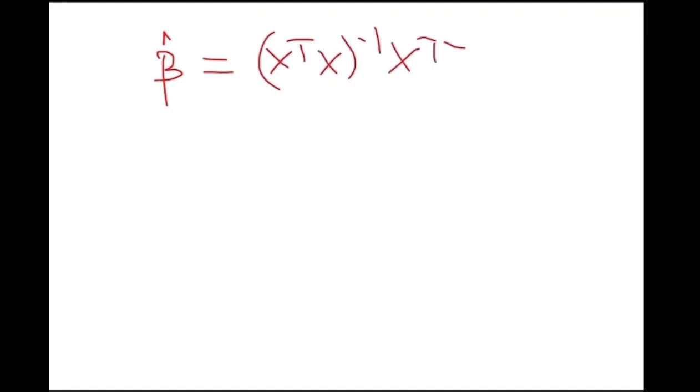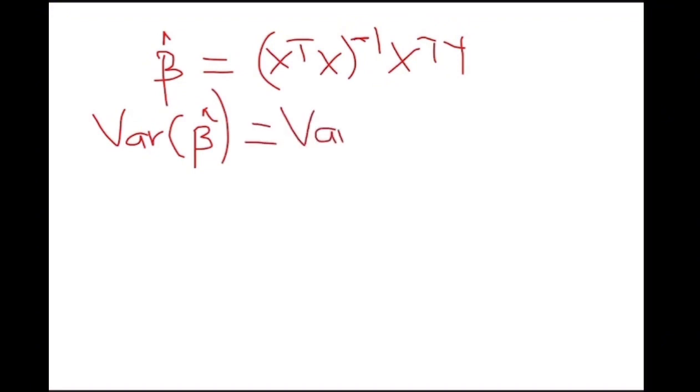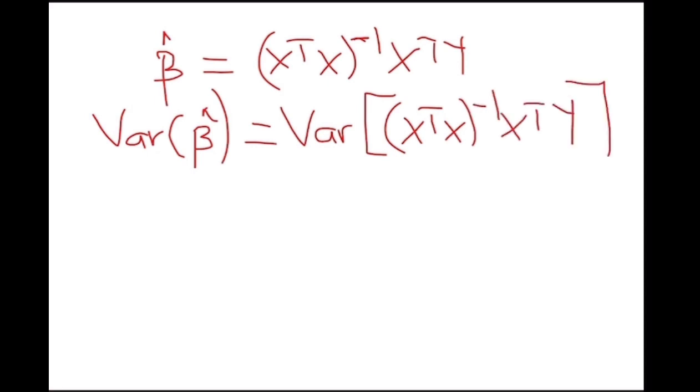Okay, so we know that beta cap equals (X transpose X) inverse X transpose Y. I want to figure out the variance of beta cap, which is going to be the variance of (X transpose X) inverse X transpose Y. Now, anything other than Y is going to be a constant, right?